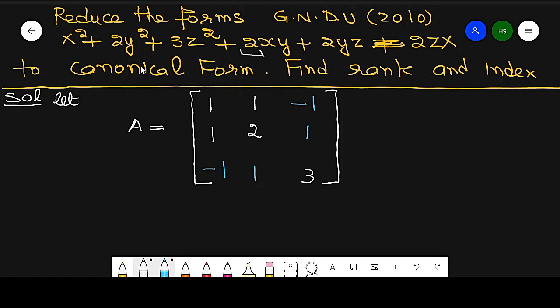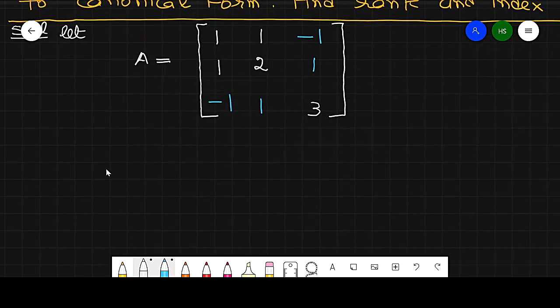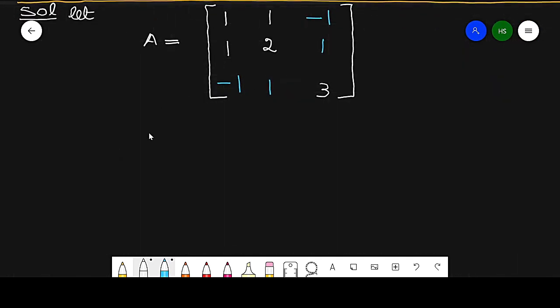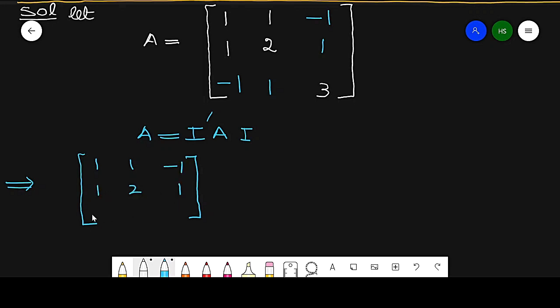Now I will reduce it into the canonical form, so we need to find the new transformation. As we did in the previous result, A can be written as I dash into A into I. So first write this: A is the matrix 1, 1, minus 1; 1, 2, 1; minus 1, 1, 3.